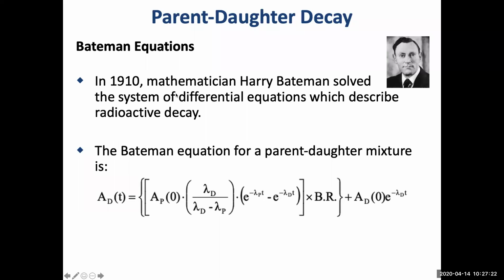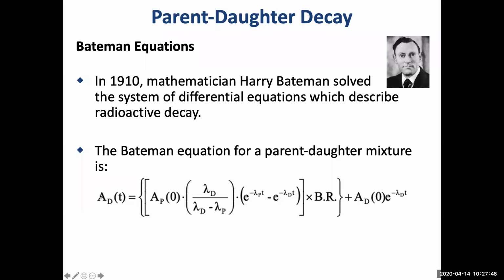A more complicated situation occurs when a sample contains radionuclides having a parent-daughter relationship. In 1910, the mathematician Harry Bateman solved the system of differential equations which describe radioactive decay. So this is the Bateman equation for a parent-daughter mixture.